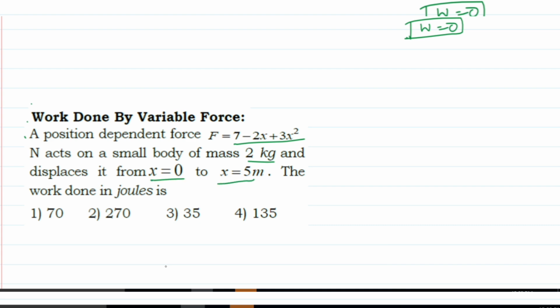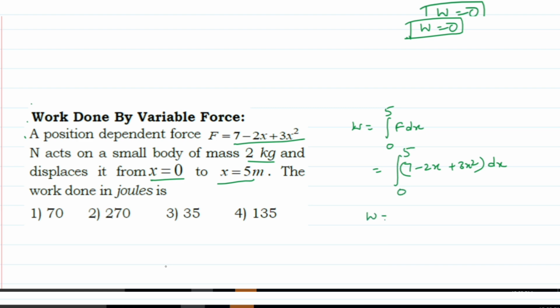The work done in joules is asked. So work done for a variable force is the integral of F dx, between the limits 0 to 5, of 7 minus 2x plus 3x square into dx.